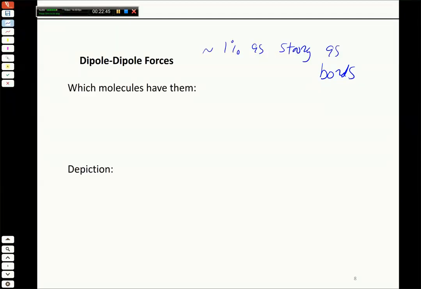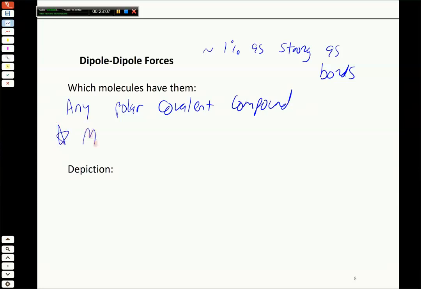When we talk about dipole-dipole forces, as the name suggests, these are forces that exist when we have molecular polarity. So any polar covalent compound is going to have dipole-dipole forces. The thing we have to always keep in mind too is that we must have a molecule that has net polarity, not just polar bonds.